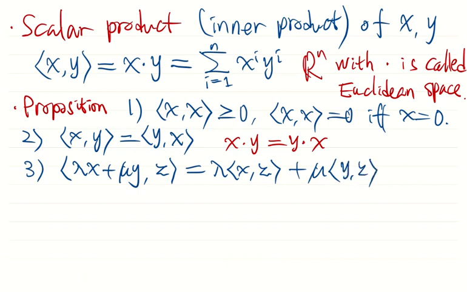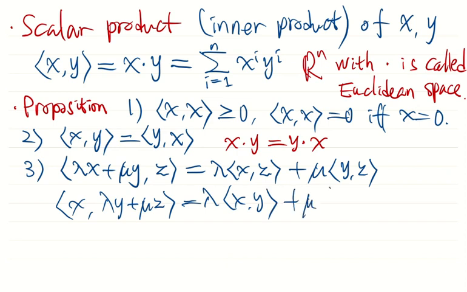This means the scalar product is linear over the first component. By the second property, symmetry, we also know that the scalar product is also linear over the second variable. That is to say, x with lambda y plus mu z will also equal lambda xy plus mu xz.